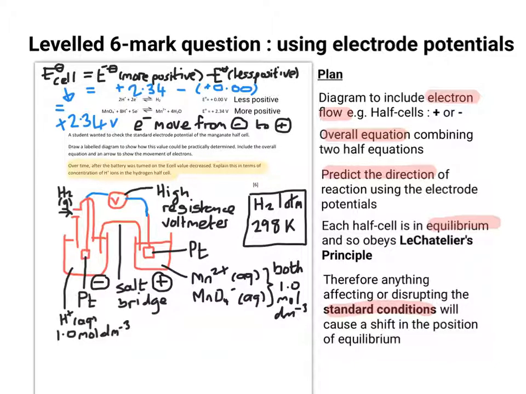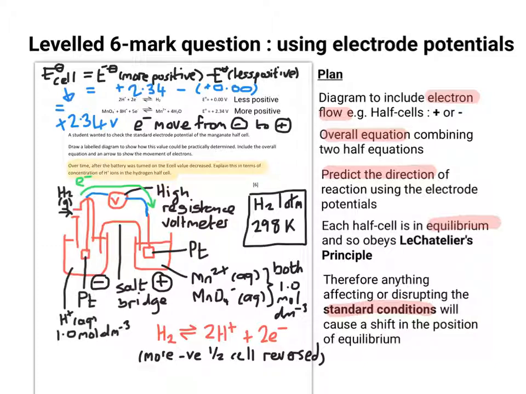I've now labelled those up on my cell diagram, so I can also say what direction the electrons move in, which I've written out in green. I think that covers me for drawing my labelled diagram and including the overall equation and an arrow to show the movement of electrons. Now I need to think about what's happening when the battery is turned on.